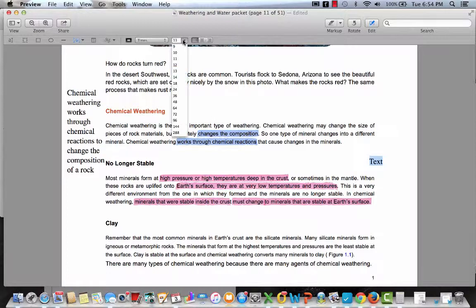To summarize this, we might put minerals below and at Earth's surface have different stabilities.